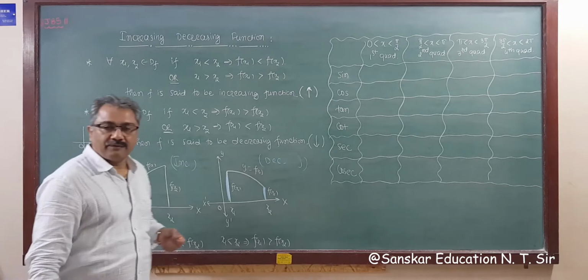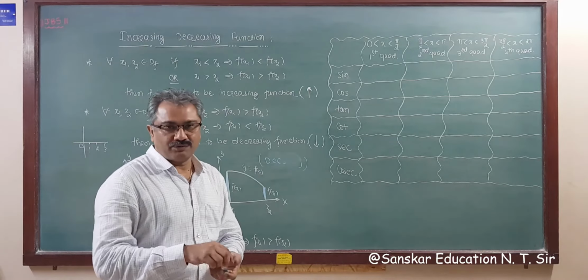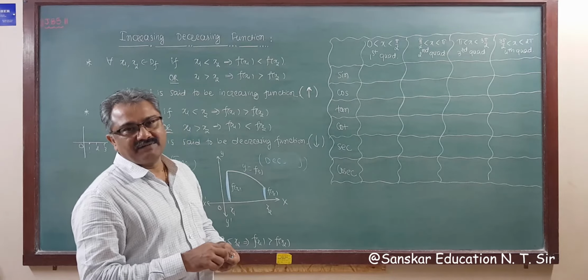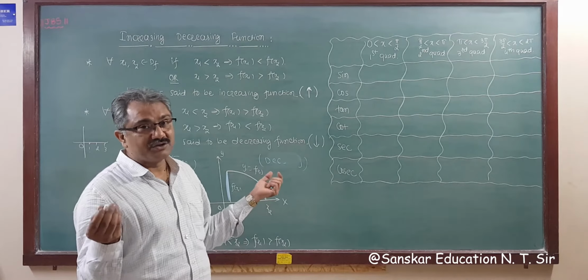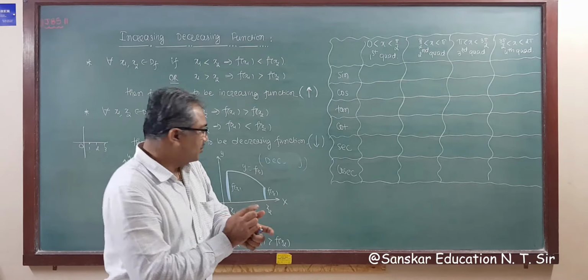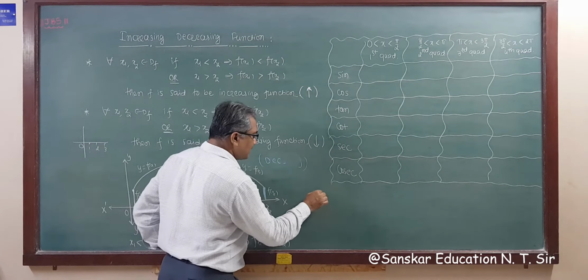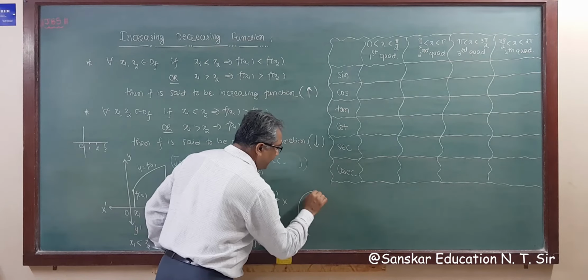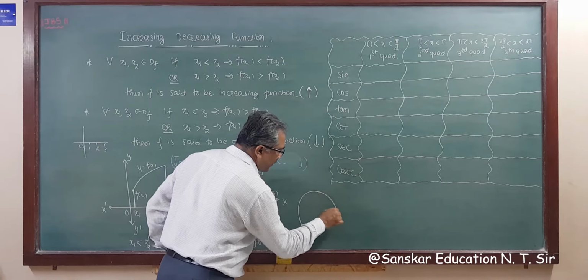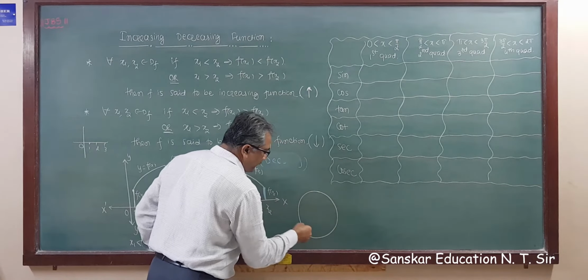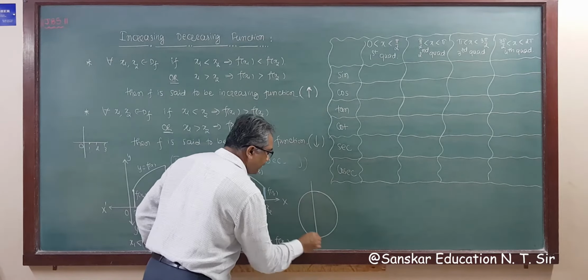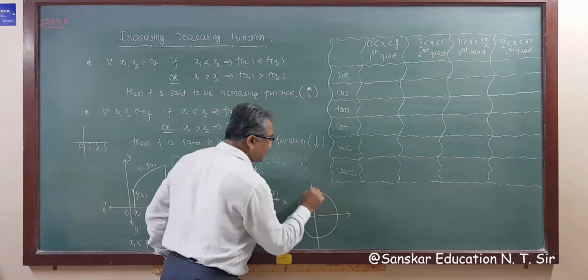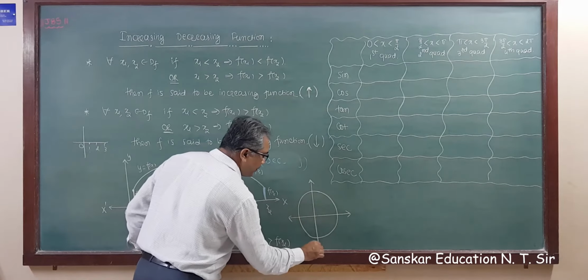Now suppose we want to know which function is increasing and which function is decreasing in which quadrant, because everything depends on the quadrant. So you know we have a unit circle, this is the unit circle as you know, right?